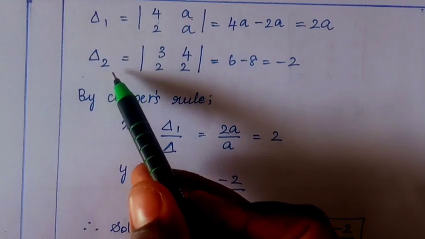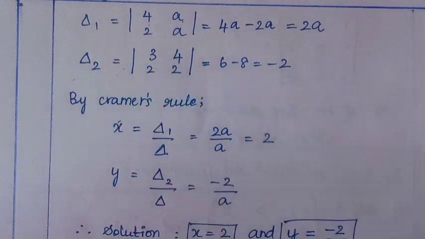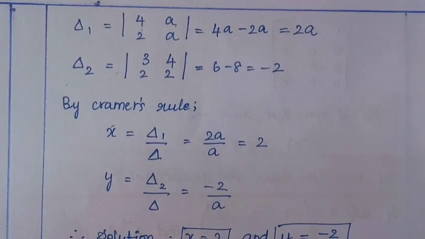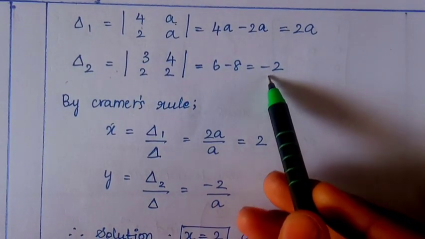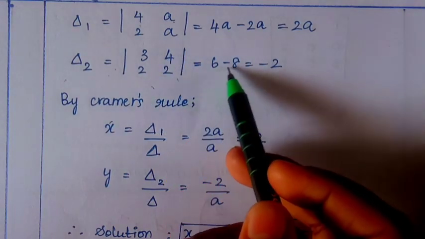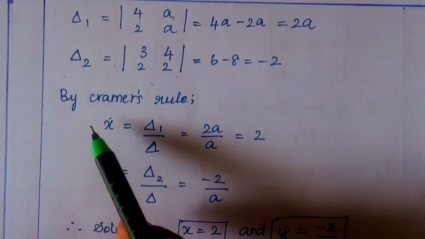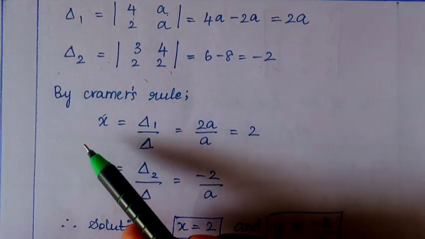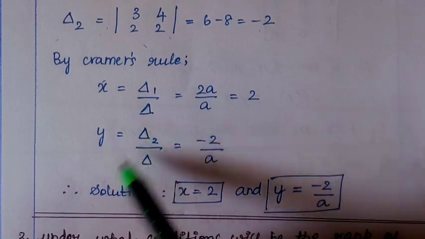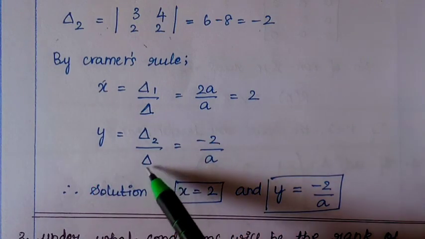Delta 2 is equal to 3, 4, 2, 2. So 3 2s are 6, 2 4s are 8, so 6 minus 8 is minus 2. According to Cramer's rule, the formula is x is equal to delta 1 by delta, and y is equal to delta 2 by delta.